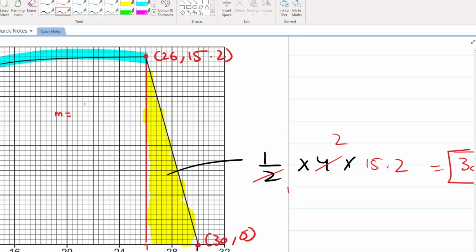Yes. y2 minus y1, 0 minus 15.2, divided by x2 minus x1, 30 minus 26. This comes out to be negative 15.2 divided by 4. The deceleration comes out to be negative 3.8. Negative 3.8 m/s² is your answer.